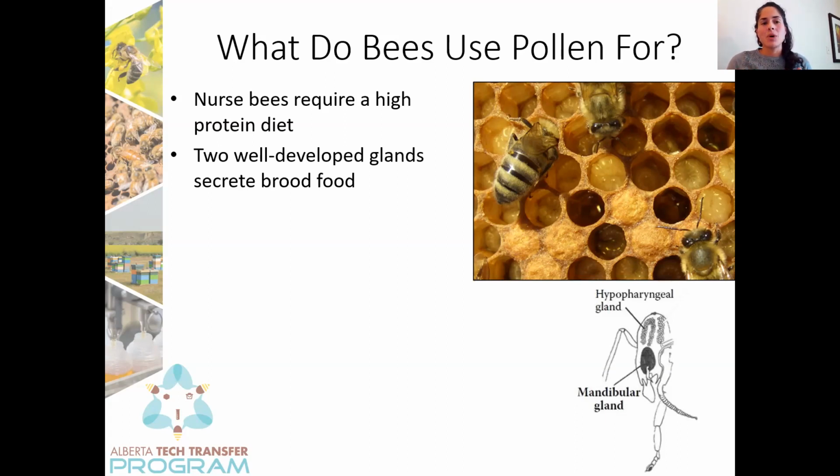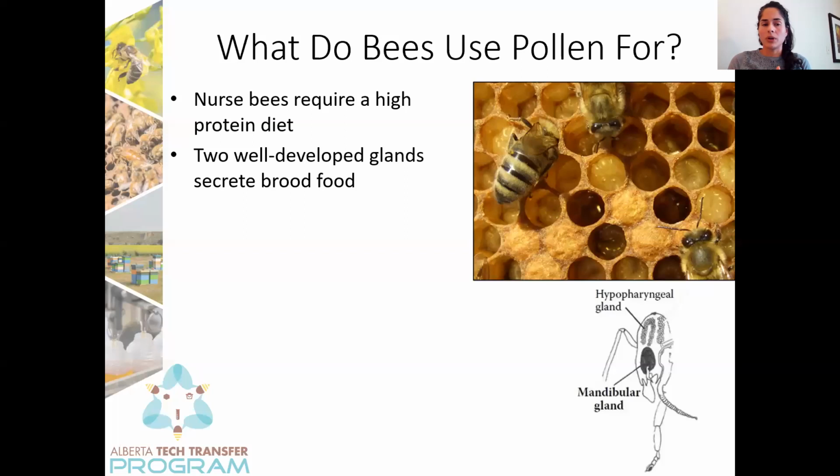Most of the brood food is a secretion that comes from two very well developed glands, the hypopharyngeal gland and the mandibular gland. These glands are very well developed in nurse bees, so bees that are nursing, not necessarily young bees, because like I said, they can reverse. But the bees that are nursing will have these glands very well developed. And as they age, these glands become atrophied.